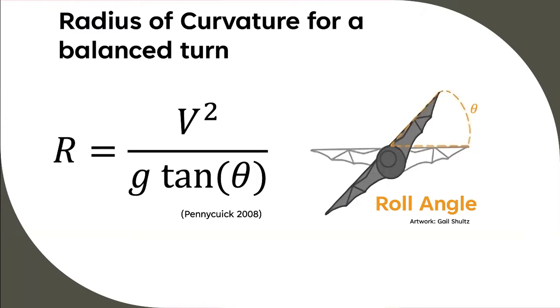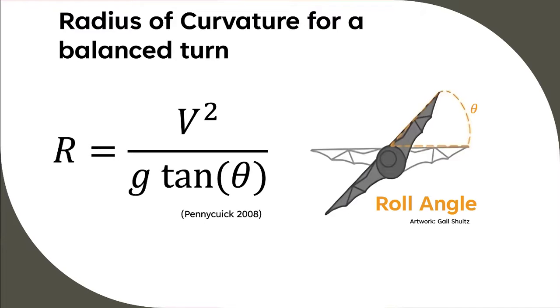So if an aircraft or a bat potentially is flying very fast and it tries to make a turn, that turn is automatically going to be much wider than it would be if it were flying very slowly. And then it is also inversely proportional to the tangent of the roll angle. And this is just saying that when the bat or the airplane is not rolling, it's going to fly roughly straight.